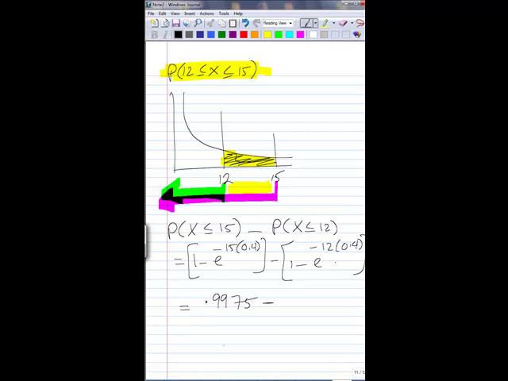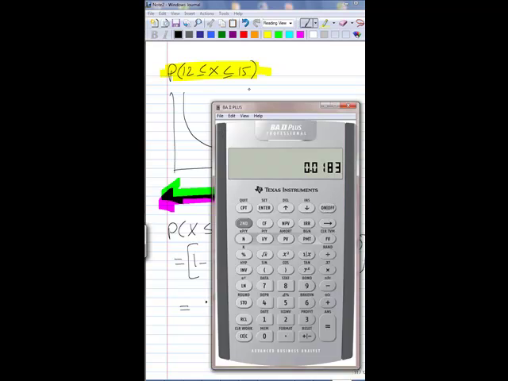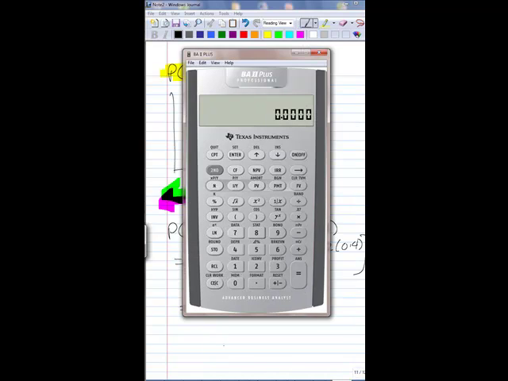Less than or equal to 12, I can compute using my calculator: 12 negative times 0.4 is equal to, second function natural log, and then I'm going to make it into a negative and add 1 to it, and I get 0.9918.